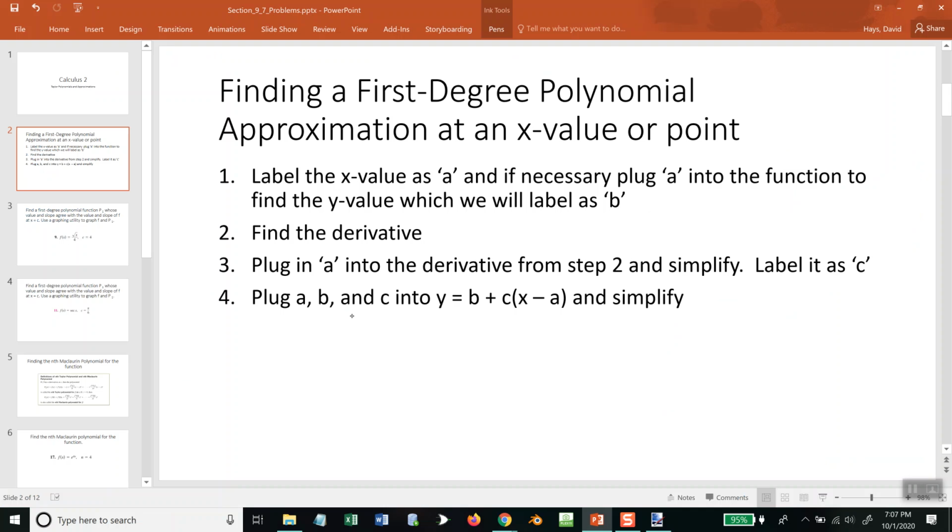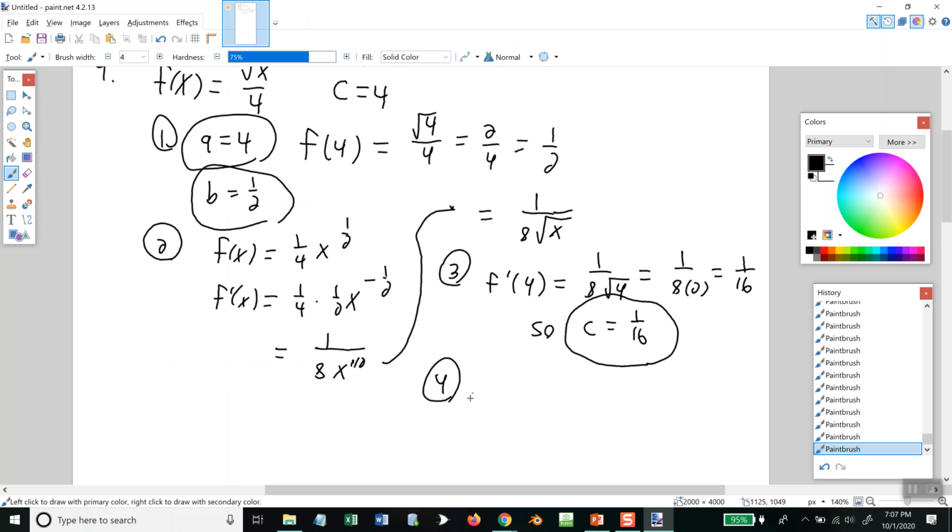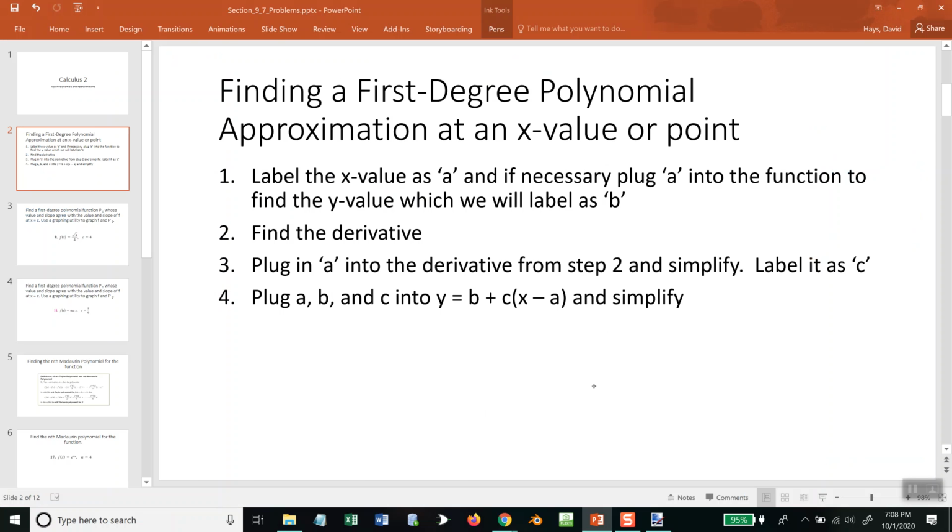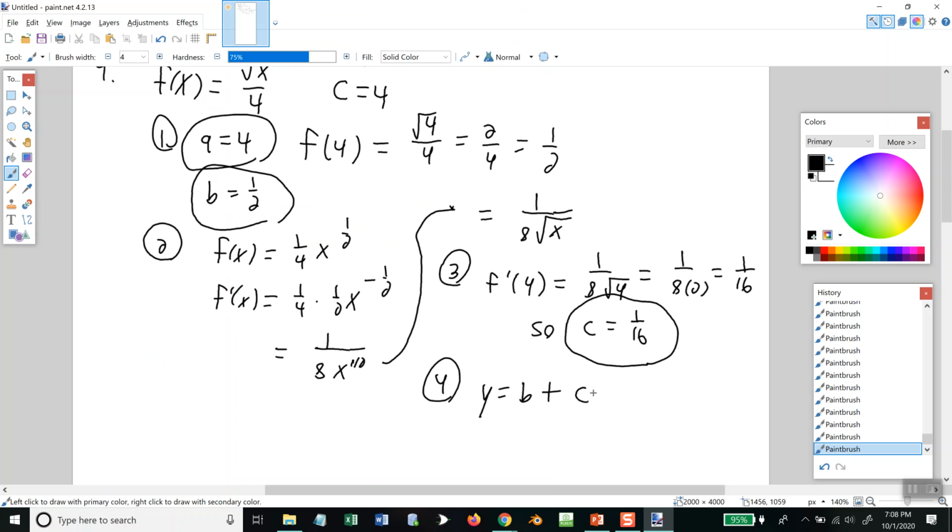Step 4 says plug A, B, and C into y equals B plus C times x minus A. So I'm going to have y is equal to 1/2 plus C, which is 1/16, times x minus A, and A is 4.